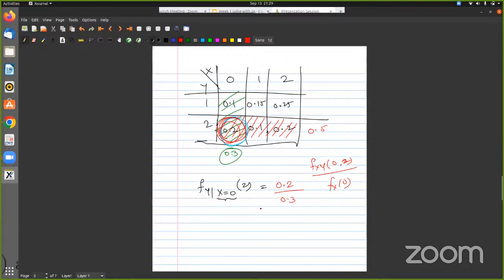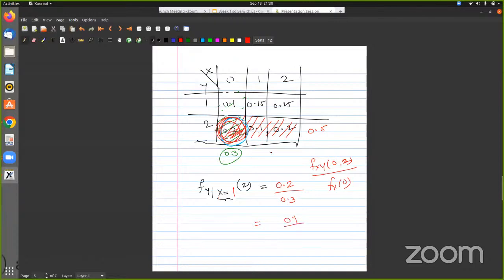0.3, right? These values, this 0.2, 0.1, are the joint densities, right? And if I were conditioned on something else, suppose I conditioned on 1, instead of this green colored value it would be 0.1 by 0.25.